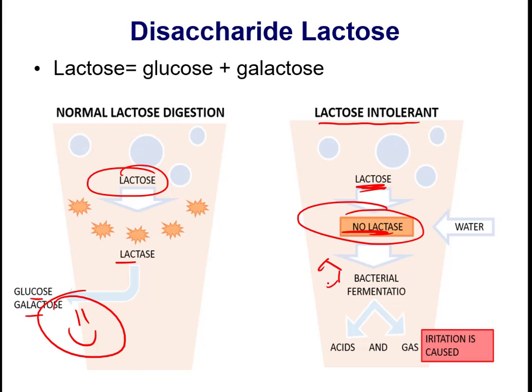That disaccharide makes it to the large intestines where there's a lot of bacteria, and the bacteria start fermenting this molecule, and when they ferment, they release acid and gas, and people get a really bad upset stomach every time they eat dairy products. So that's what causes lactose intolerance.